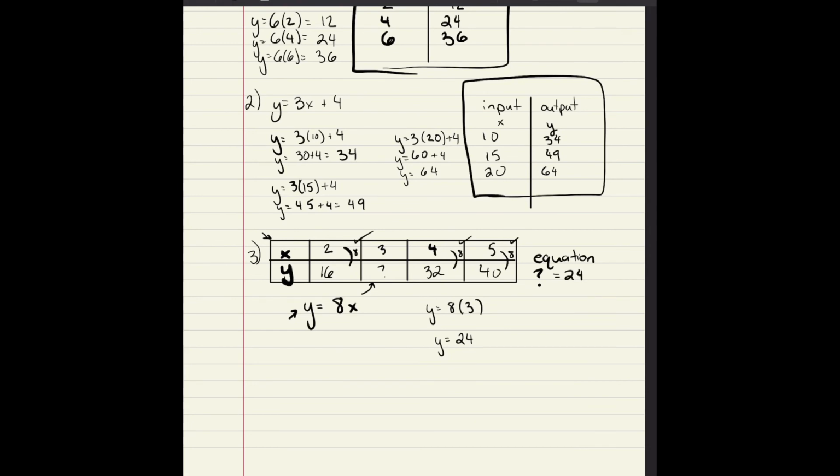So you just need to compare the relationship between your input and your output whenever you're given a problem like this. Find a relationship. Not like a lovey-dovey relationship, but like a relationship between these two.